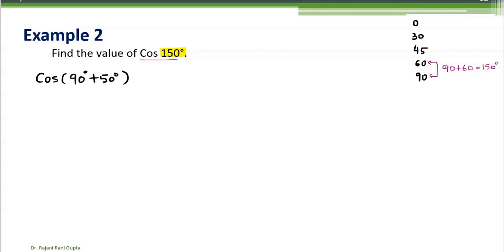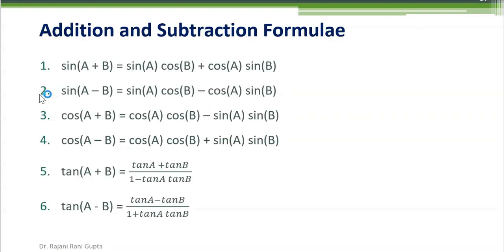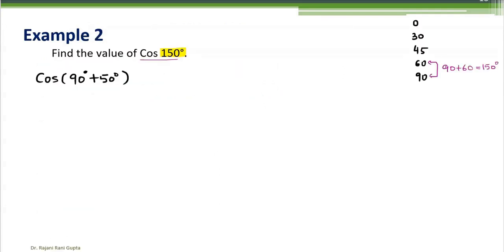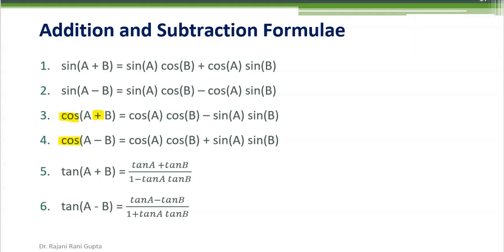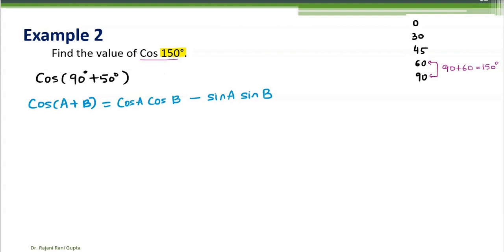Now you have to look at which rule is applicable. From these rules, for cos we have two rules, but we need the one for addition. So cos and addition, it means we will go for this rule. So let's write down the rule first. So this is our rule.